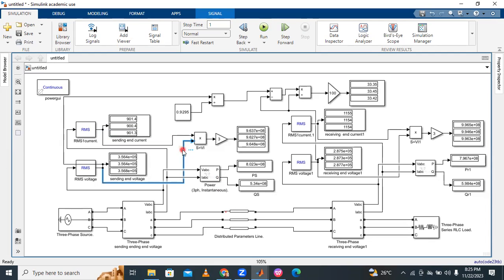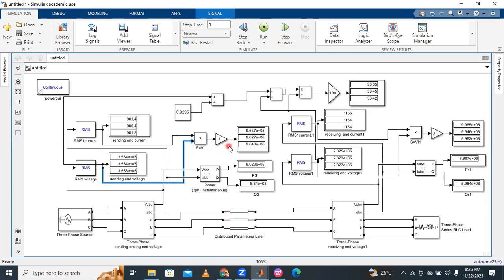Multiply VRMS into IRMS by using the product block. Then for three phase, S is equal to 3 into VI.